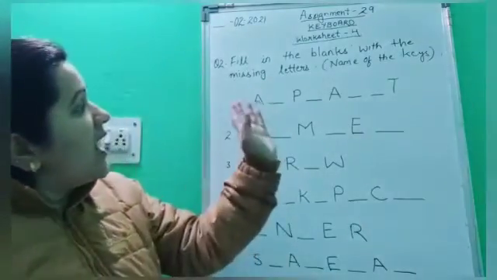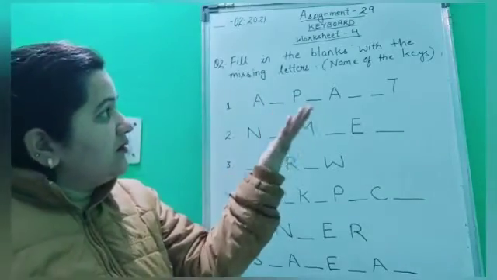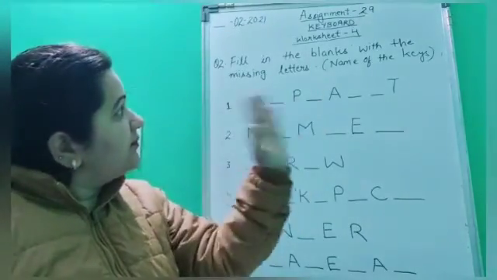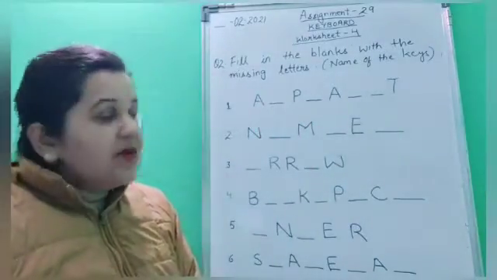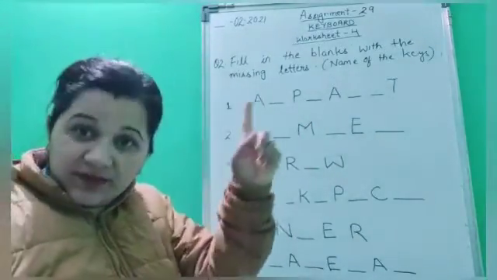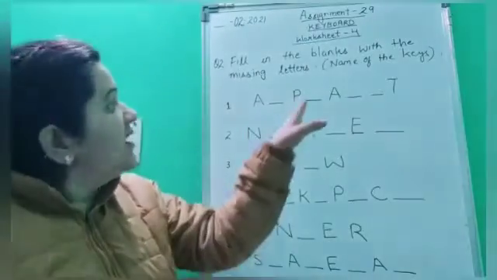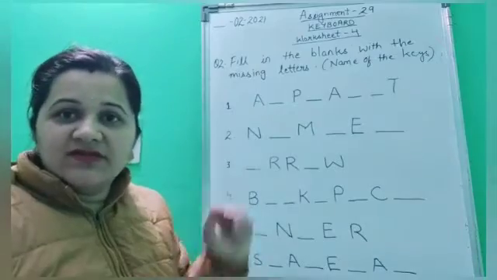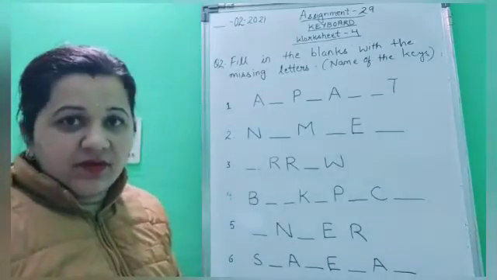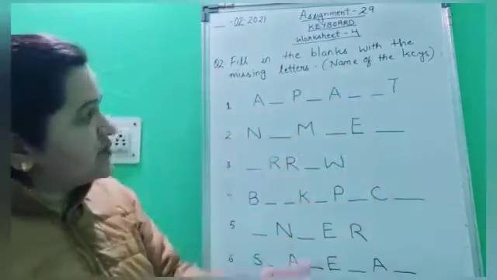I have missed few letters in between the words. Now you have to find out. First you have to learn the spelling, and then only you will be able to write down the spellings of the different types of keys over here. I have given you a hint over here. These are the names of the keys.